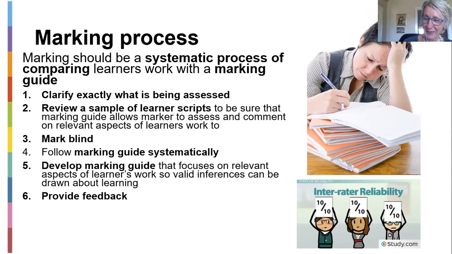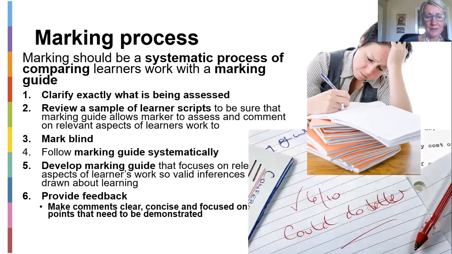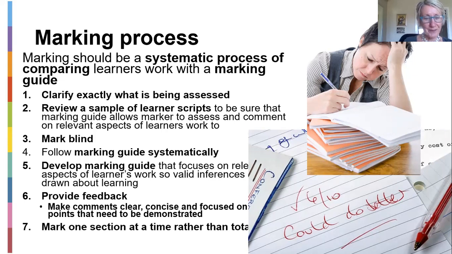Okay, give feedback as we do summative, as well as the feedback on the actual script. Make your comments clear and concise and focus on the points that need to be demonstrated. If you say, like, 6 out of 10, could do better, that's not telling them how they can improve. It's not a very good comment, and it's not very good feedback.